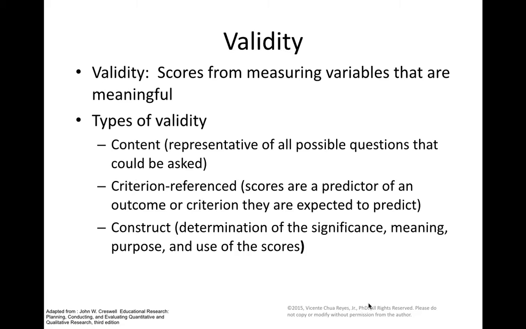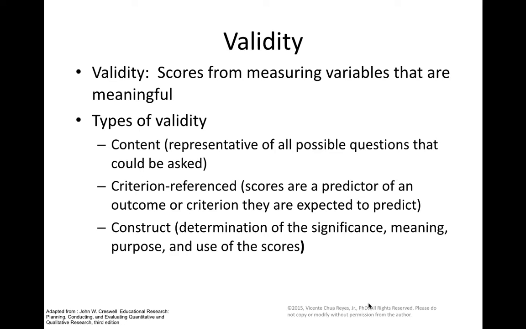Scores are a predictor of an outcome or criterion they're expected to predict. If your test wants to measure, let's say, happiness, when you employ the test, you should be able to measure degrees of happiness. If you're able to measure something else, like levels of anxiety or levels of dissatisfaction, then there must be something wrong with your instrument because it doesn't seem to be valid.